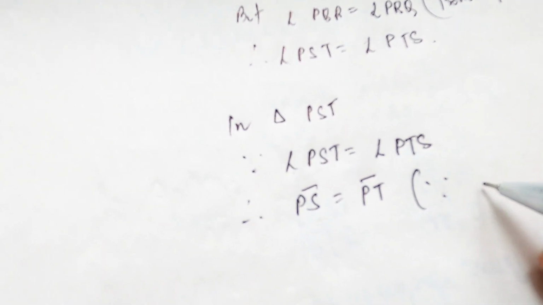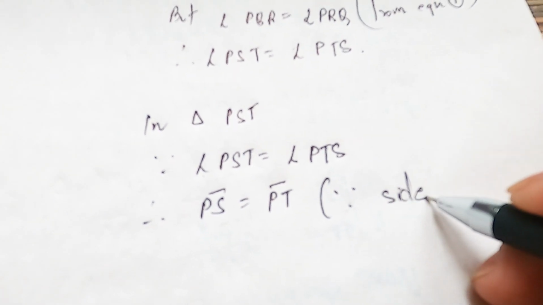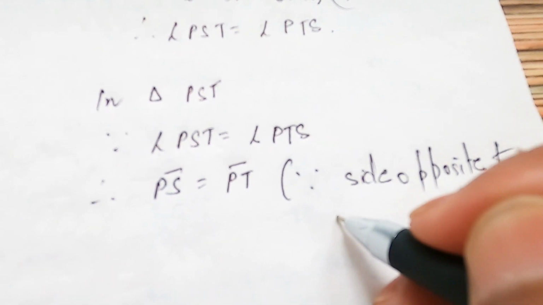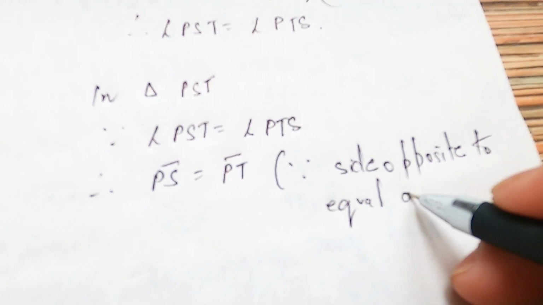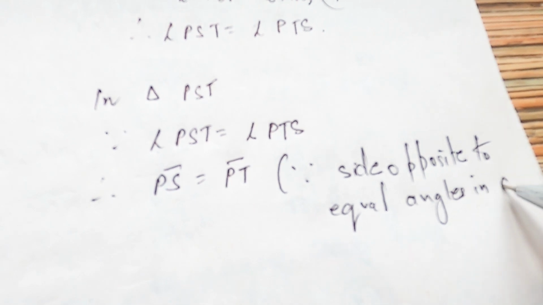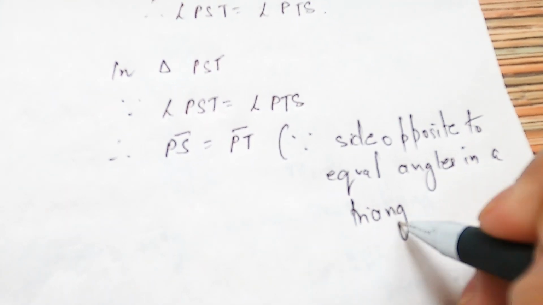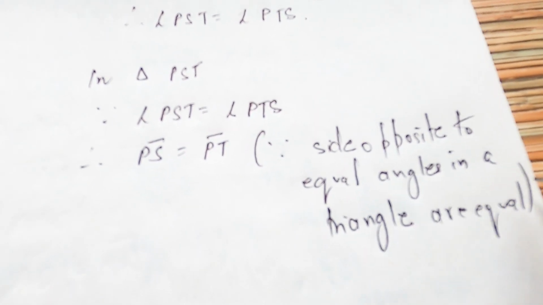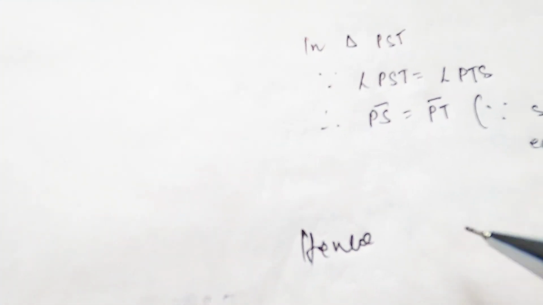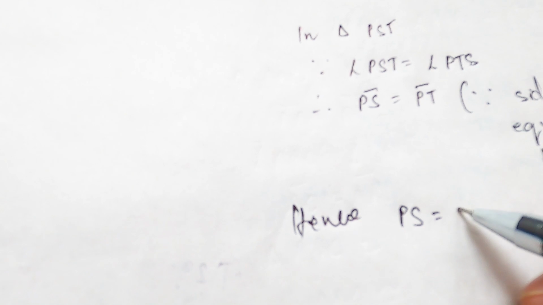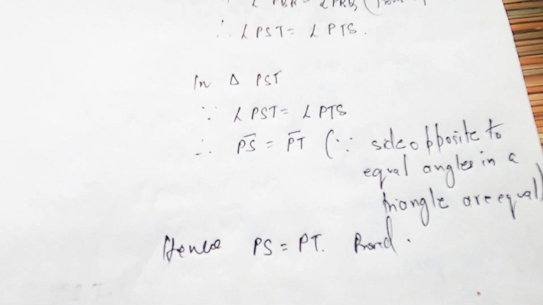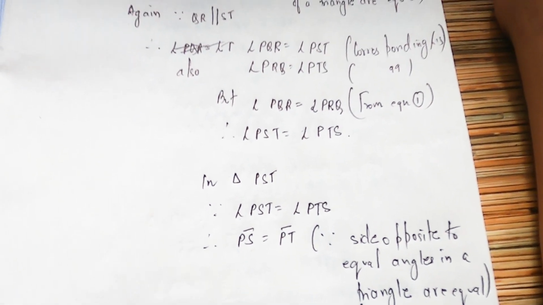Alright, the reason is sides opposite to equal angles in a triangle are equal. So hence PS is equal to PT. Proof. Alright, so this will be your answer.